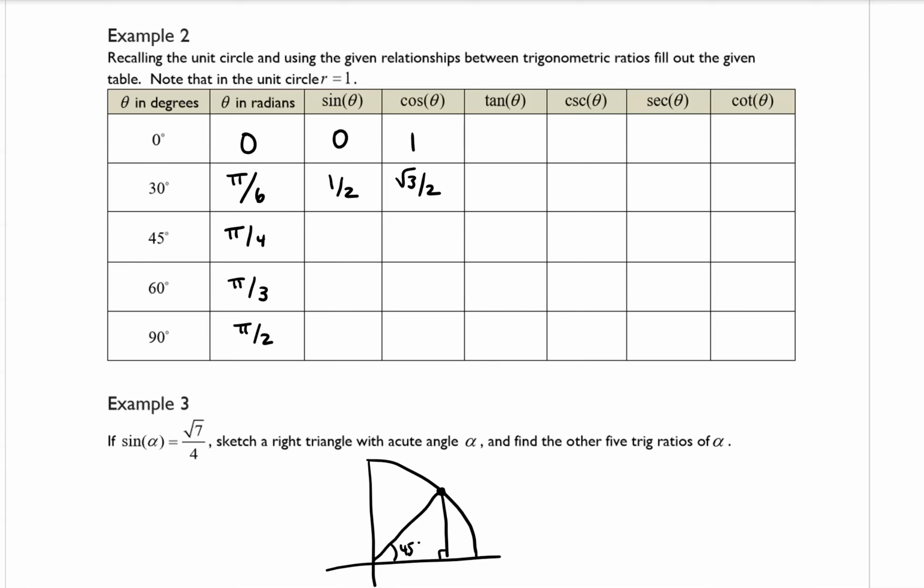So these are definitely things that you want to have memorized. The terminal point for 45 degrees on the unit circle is (the square root of 2 over 2, the square root of 2 over 2). That's the x-coordinate, that's the y-coordinate. So it turns out that sine and cosine of 45 degrees are actually the same value. So both of these are going to be root 2 over 2.